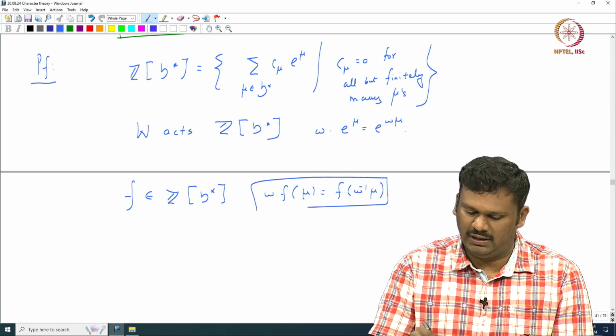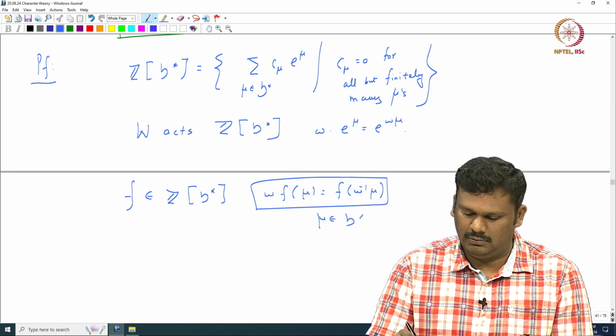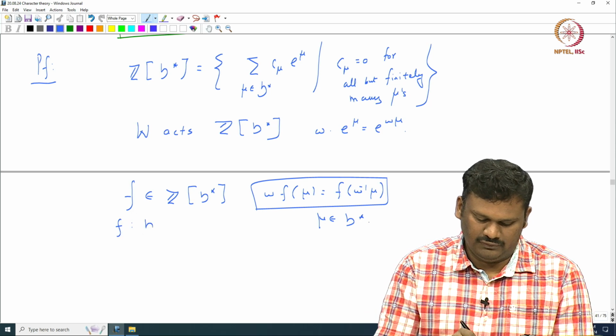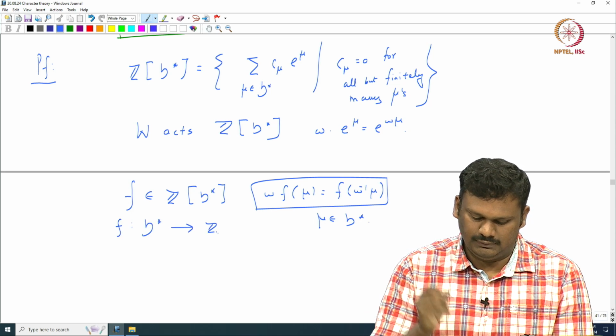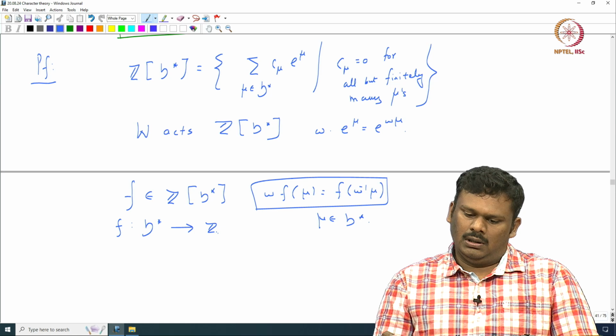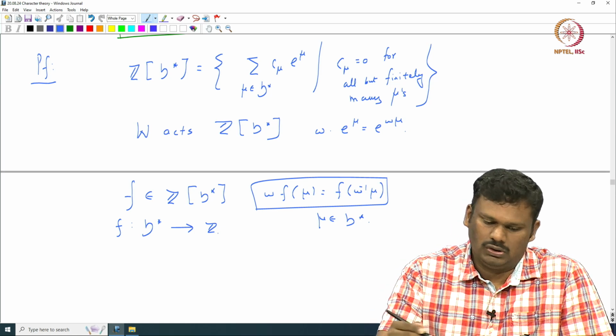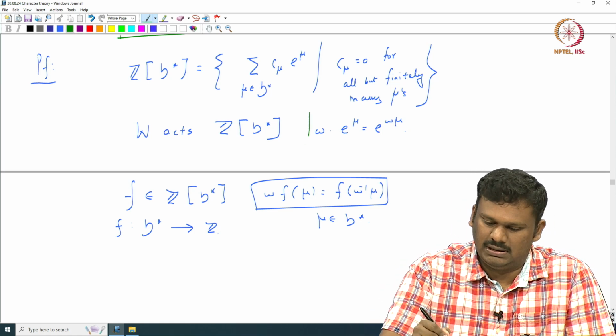This is how you define the map, because f is a function from H star to Z. So it is okay to work with this.